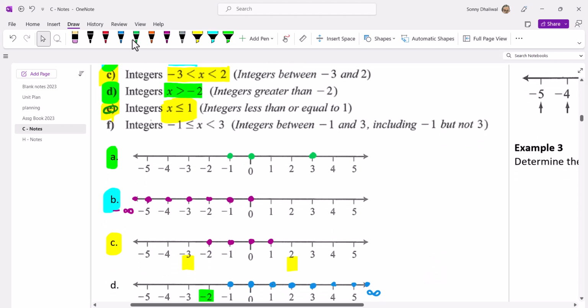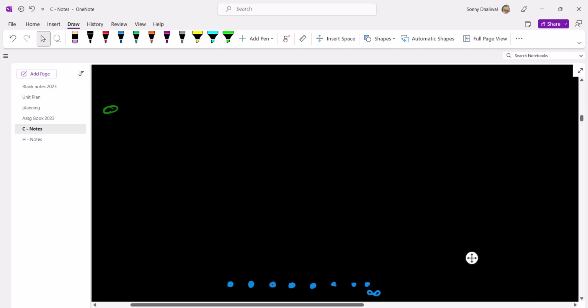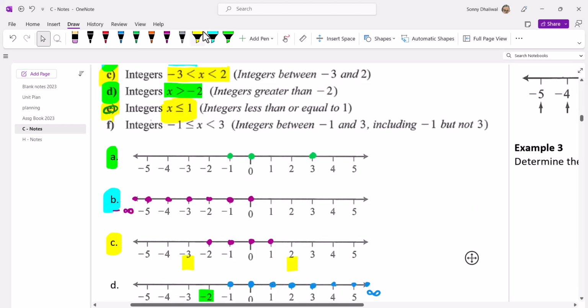Next one. This is saying all the numbers bigger than or equal to -1, but also less than 3.